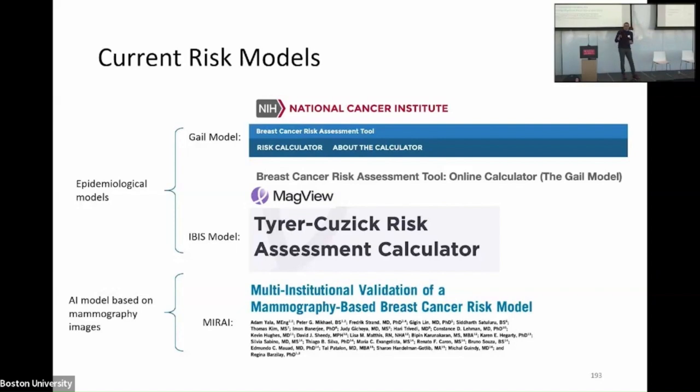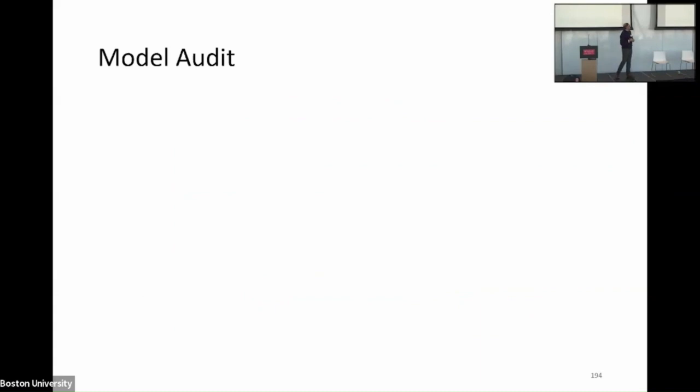Up until a few years ago, MGH developed a breast cancer screening model, but there has been some concern that perhaps the population that this model is trained on, which is the patient population of MGH, might be different from BU. So we thought that this is a great opportunity to use this model to audit the so-called MIRAI model that was developed by MGH.